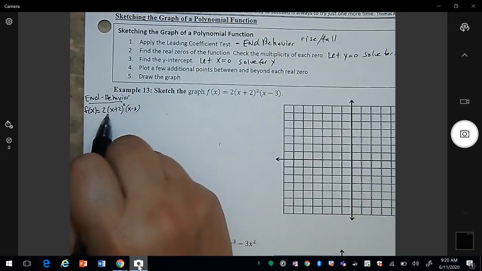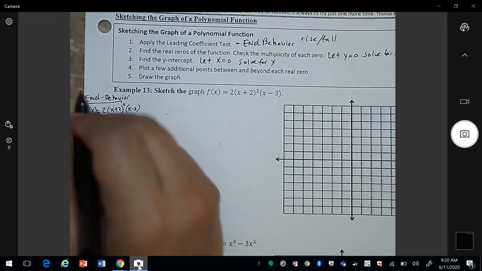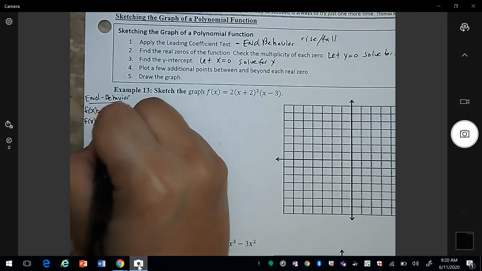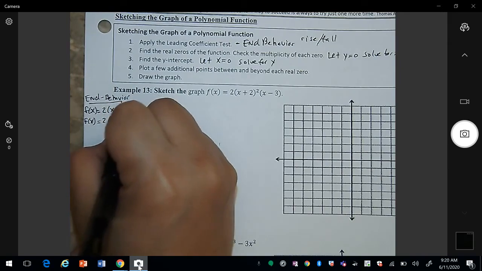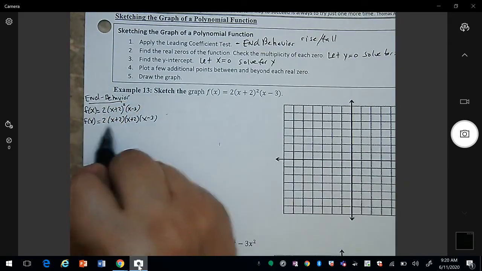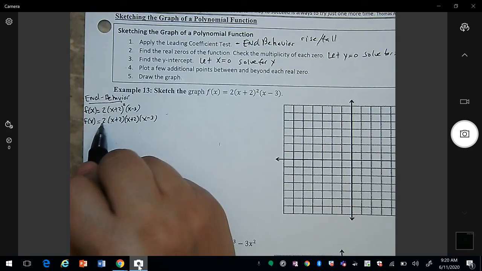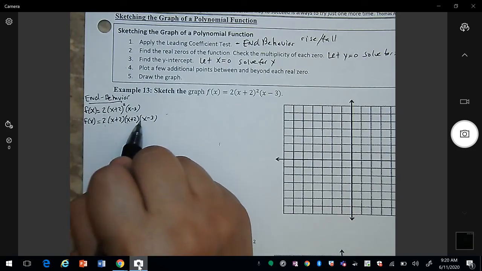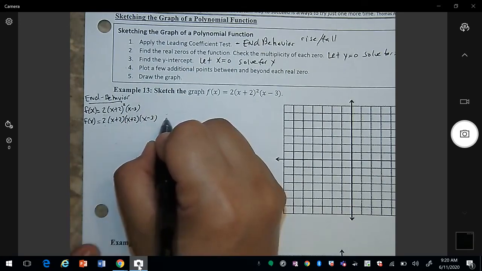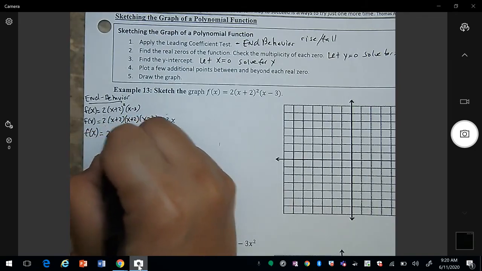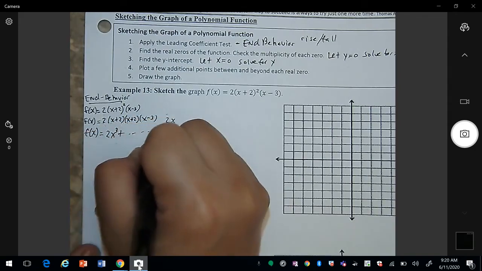So here I can rewrite this as 2 times x plus 2, x plus 2, and x minus 3. So if I multiply all the first terms here, 2 times x is 2x, times another x is 2x squared, times another x is going to be 2x cubed, plus a whole bunch of other stuff.